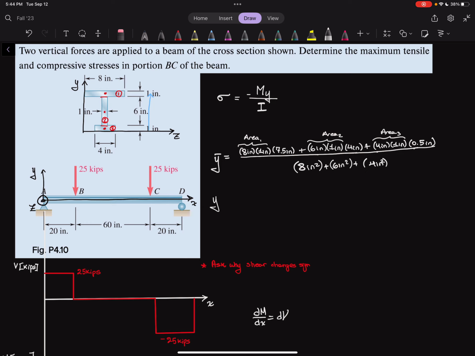Now we can find our y. If you plug everything into the calculator, we're going to get 8 times 7.5 plus 6 times 4, which is 24, plus 4 times 0.5, all of that divided by 8 plus 6 plus 4.